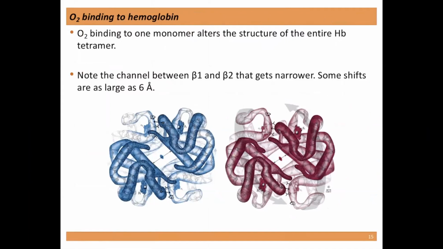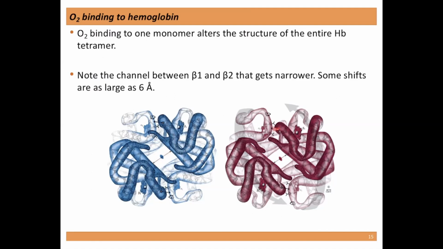So, like I said, the binding of oxygen to myoglobin is simple because you just have one subunit, but when you bind to hemoglobin, there's lots of changes, and we'll look at these in greater detail. But the channel in between the subunits gets smaller, and you get reorganization of a lot of these side chains.